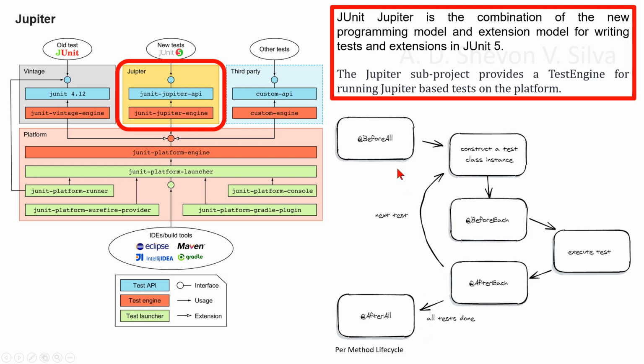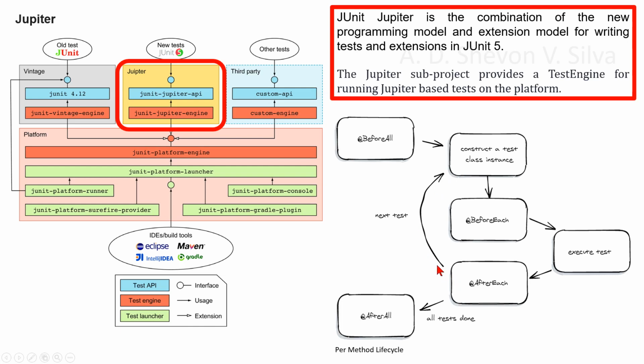Here, BeforeAll is connected to construct test class instance, and construct test class instance is connected to @BeforeEach, and @BeforeEach is connected to execute test. Execute test is connected to @AfterEach. @AfterEach is connected to construct test class instance.